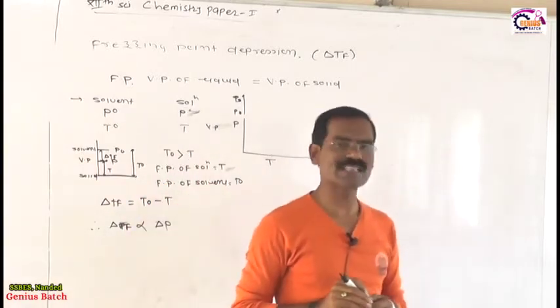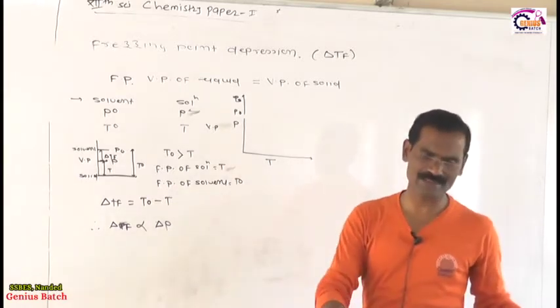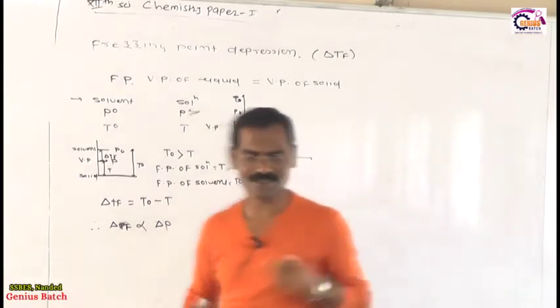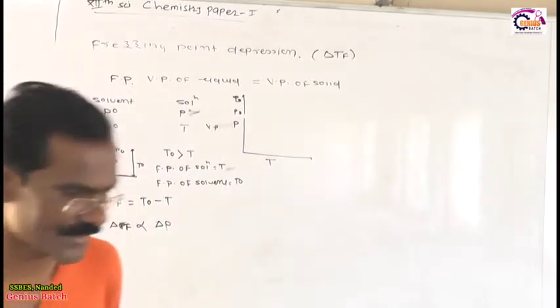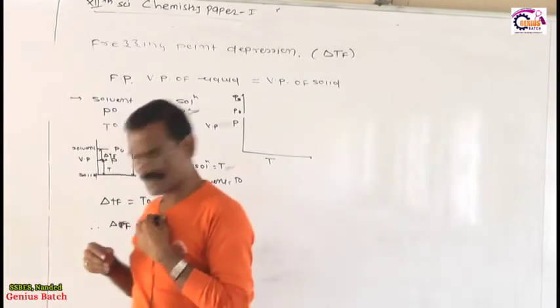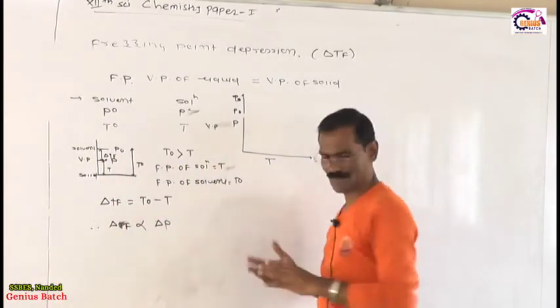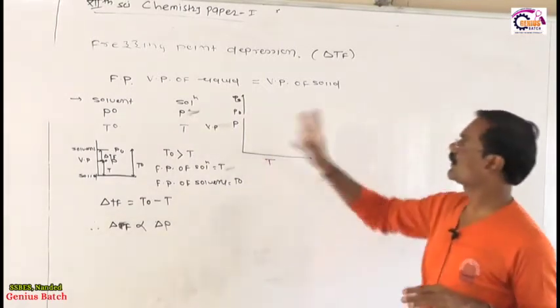As you all know very well, this is a very interesting graphical representation, and these are very simple concepts related to this phenomenon. Now, what is the meaning of freezing point?